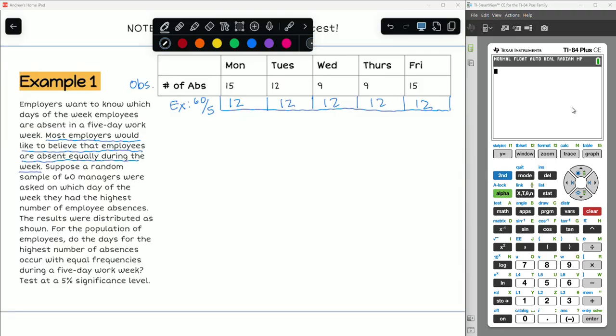And we're going to go ahead and start with our state. So we're looking at days with the highest frequency or highest number of absences.